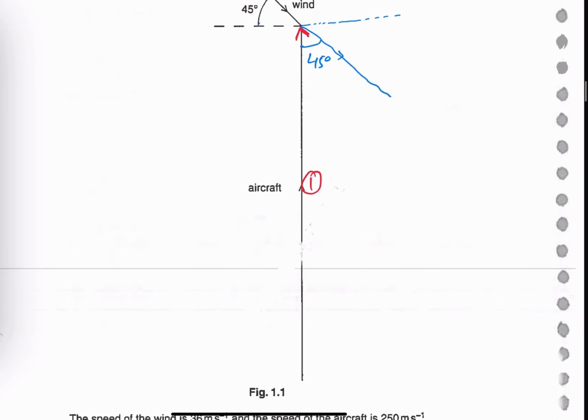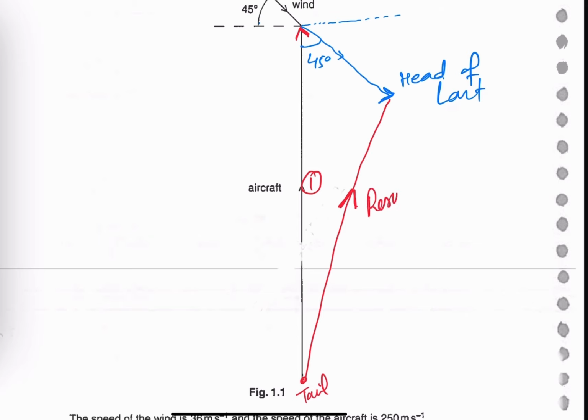The resultant will be from the tail of the first. This is the tail of the first, and this is the head of the last. So the resultant will be from the tail of the first to the head of the last. This is the direction of the resultant.